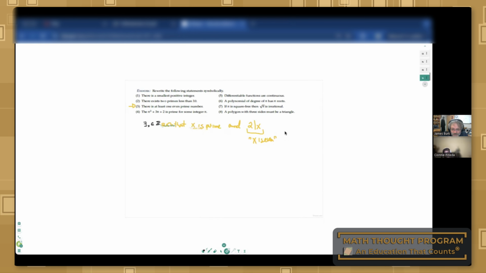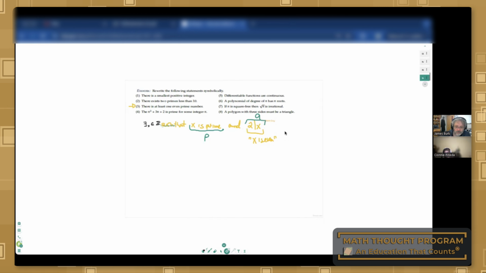Now, look at the conjunction. You have P and Q. Okay, so let's say if we're going to negate it, how would you negate this statement?